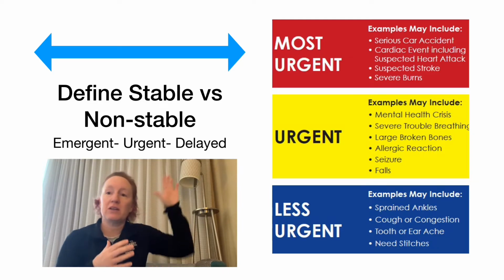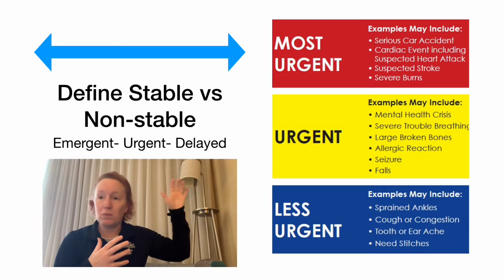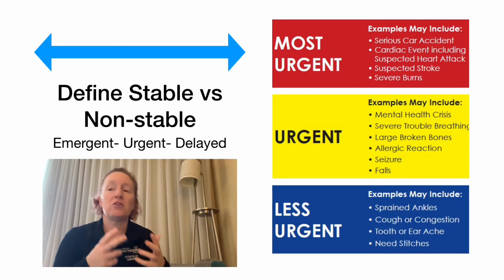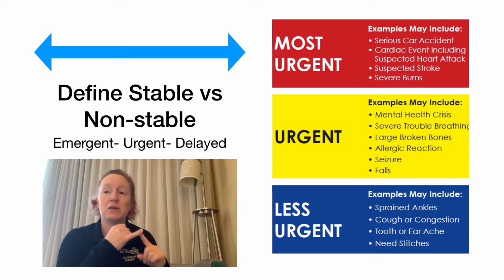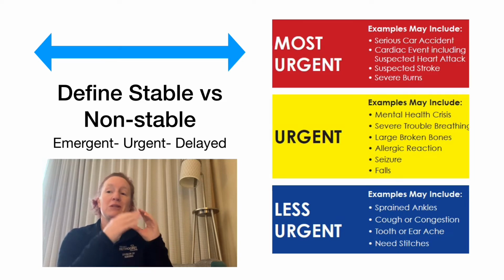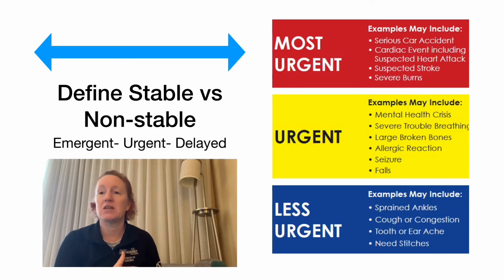You can see by the grid that this one uses urgent, more urgent, or most urgent, and then all the way down to less urgent. Sometimes the terminology is different. Some places use immediate, resuscitation, or emergent, and other places use that graded urgent spectrum.